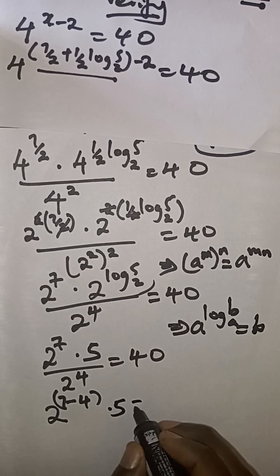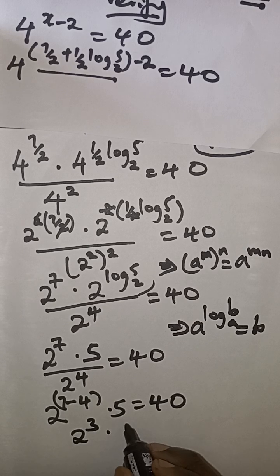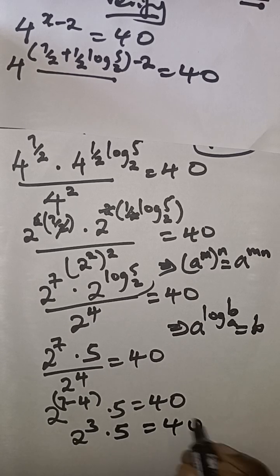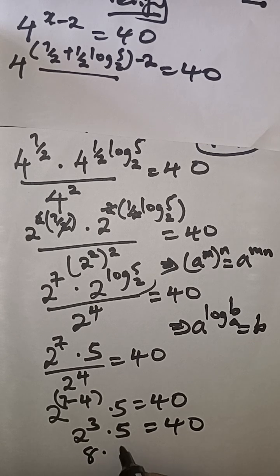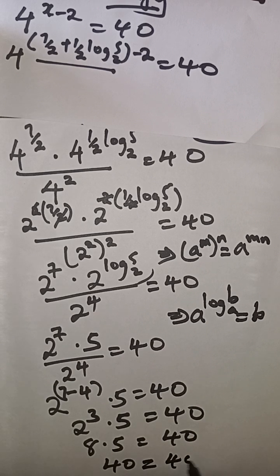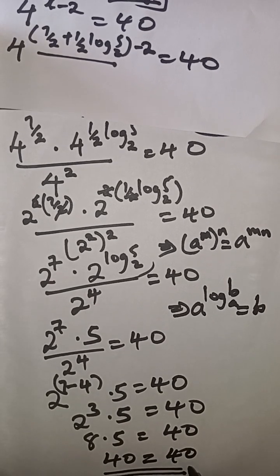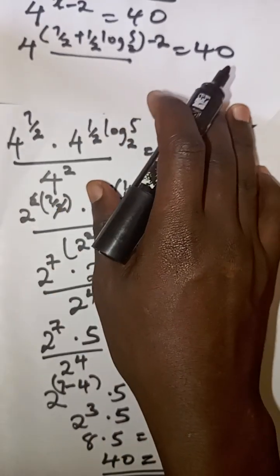Multiply by 5 is equal to 40. 7 minus 4, of course, you get 2 raised to 3, multiply by 5 is equal to 40. And of course, 2 raised to 3 is 8. 8 times 5, giving me 40. And of course, 40 is equal to 40. Hence, the proof for our answer.